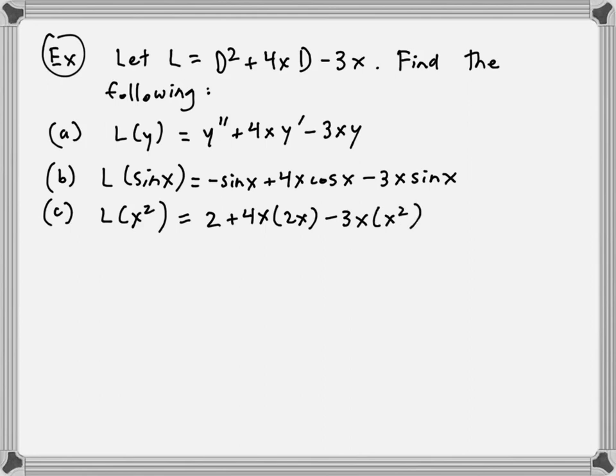So what do we get here? We end up with 2 plus 8x squared minus 3x cubed. Okay, so this is an example of how we can apply one single linear operator to three different things, right? And this is what it means to apply a linear operator. It's just a map that is taking a function to another function.